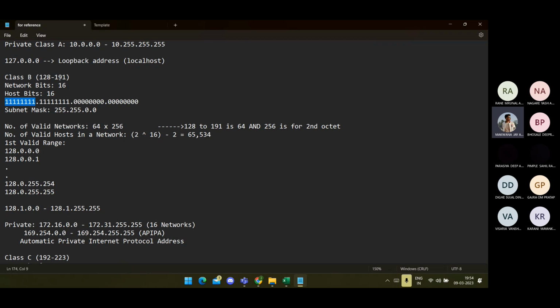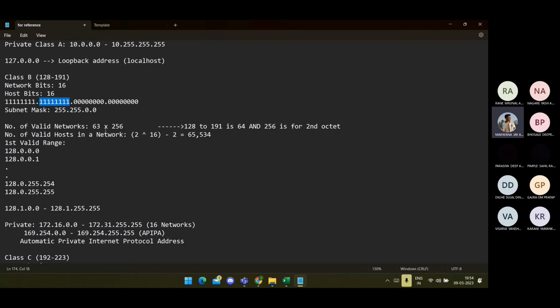So how many networks will be provided in this range? It will be 191 minus 128, that is 63. So for the first octet, we get 63 networks. But in class B, we also have the second octet, and it can go from 0 to 255, right?